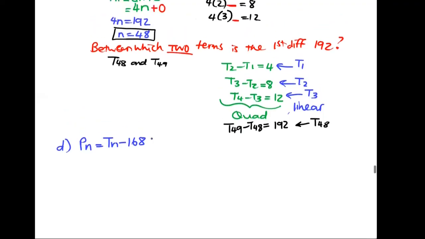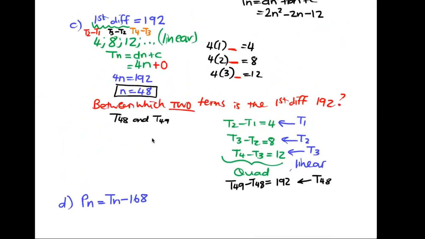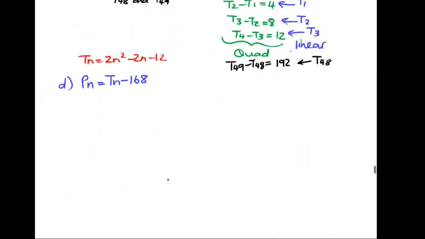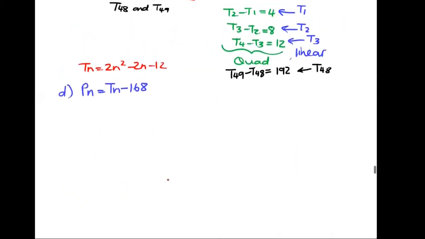Okay, so let's just write down our pattern. So we've got it right here. So we worked out Tn was 2n squared minus 2n minus 12. And they're now saying to us, we're taking this pattern, but we're going to subtract 168 from every single term in the pattern.